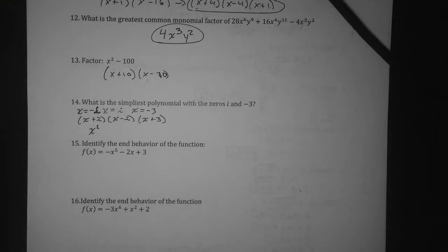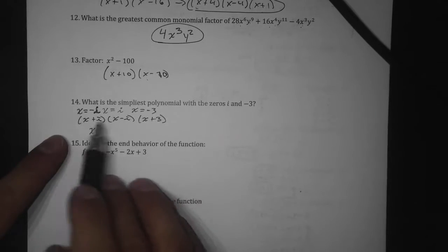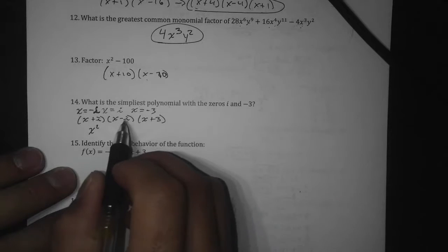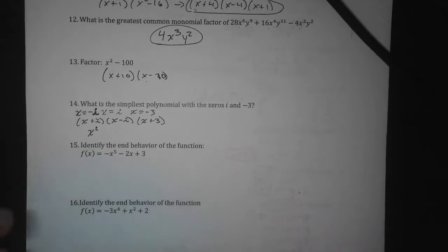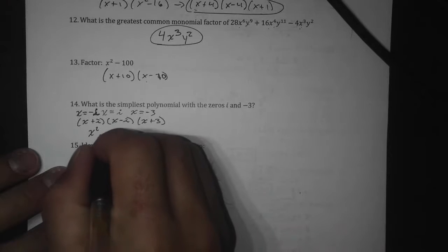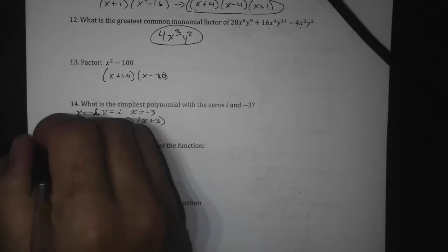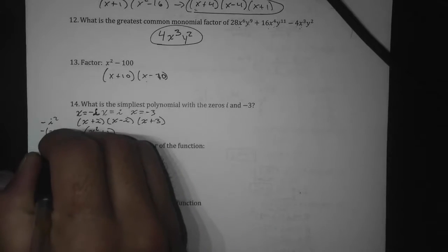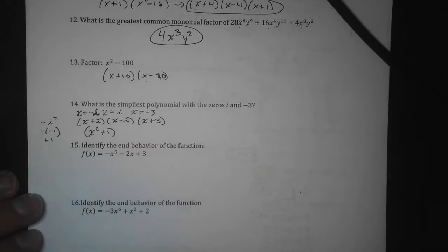The middle terms are going to cancel, meaning we're going to get xi and ix. They cancel, positive, negative. And then when we get i times negative i, negative i squared becomes negative 1, which becomes a positive 1.